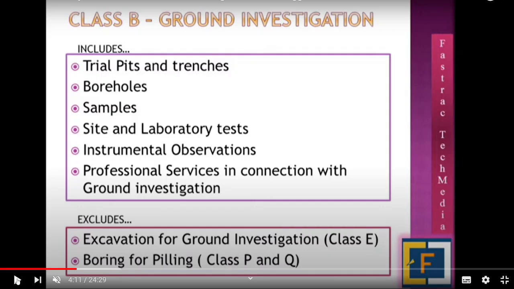Class B is for ground investigation. Ground investigation means whatever is in the ground before construction, we have to study. To study we use a lot of things, as you study in the engineering syllabus: we do trial pits, trenches, boreholes, soil tests.